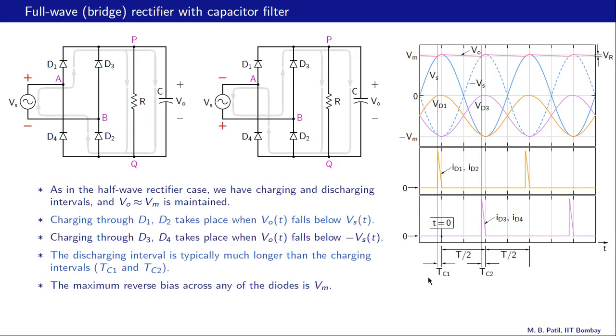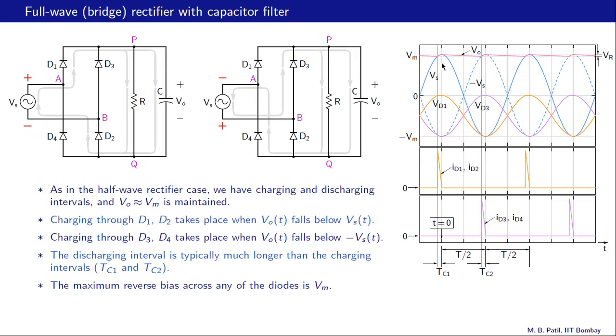For example, if we go from t equal to 0 to t equal to T, this point here, then there is one interval in which charging takes place through ID3 and ID4, and another interval in which charging takes place through ID1 and ID2. Apart from that, things are very similar.